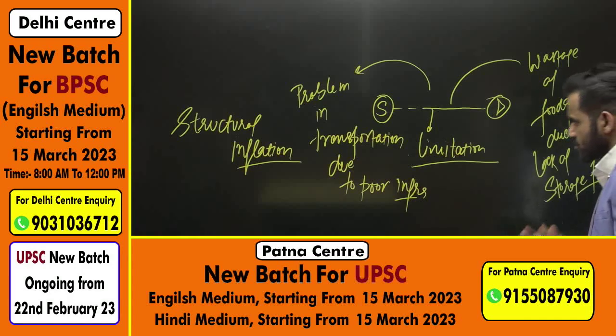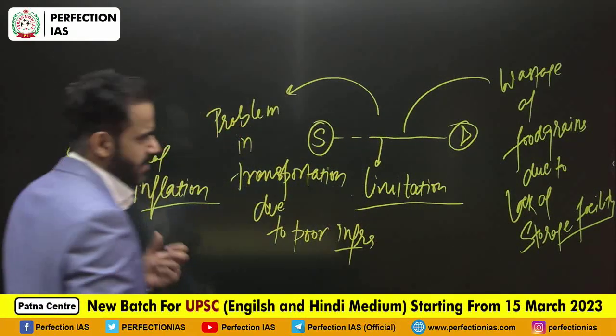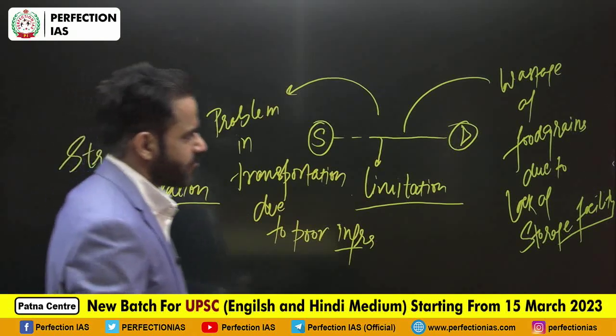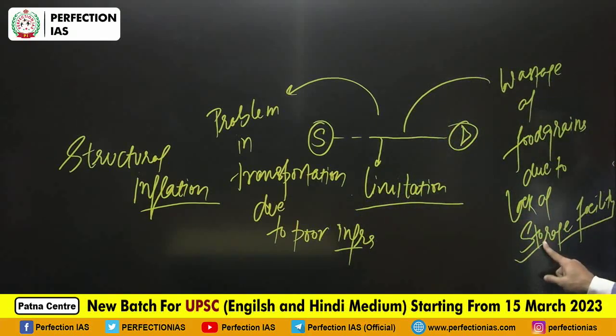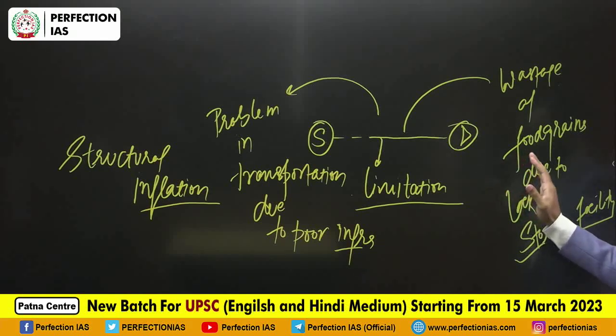Structural issues mean anything that is acting as a barrier or limitation between supply and demand. We have sufficient food grains, but because of lack of storage facility there was huge wastage, and that is why supply was hampered.